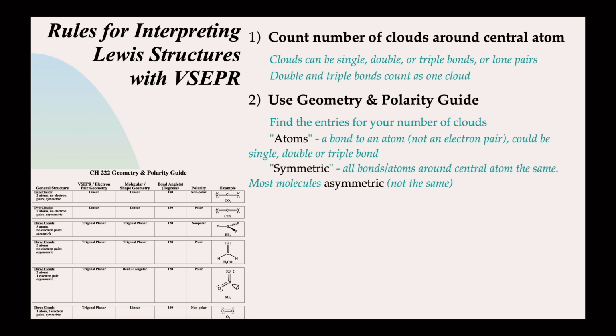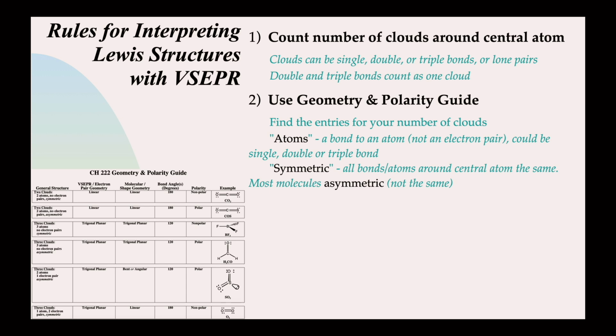So literally the number of atoms connected to your central bond, that's going to be the number of atoms, all right? There is also a symmetric and asymmetric, and we'll see examples of this more in the lab, but if you have a symmetric atom, then everything around the central atom is the same, or at least there's atoms at 180 degrees that cancel each other out, that kind of thing.